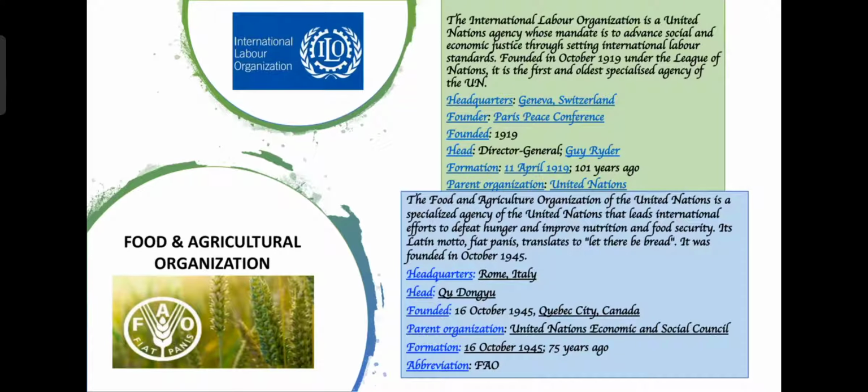It is an organization of the United Nations whose mandate is to advance social and economic justice through setting international labor standards. The second is the Food and Agricultural Organization. It is a specialized agency of the United Nations that leads international efforts to defeat hunger and improve nutrition and food security.